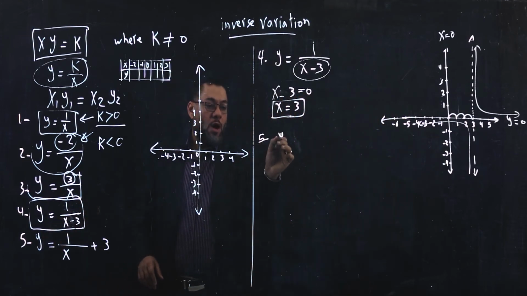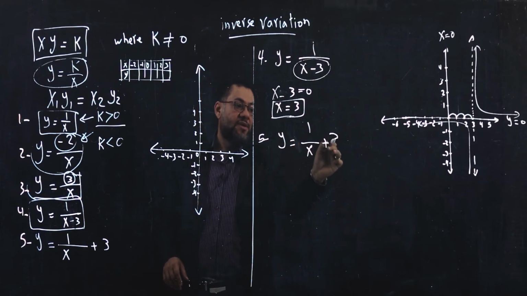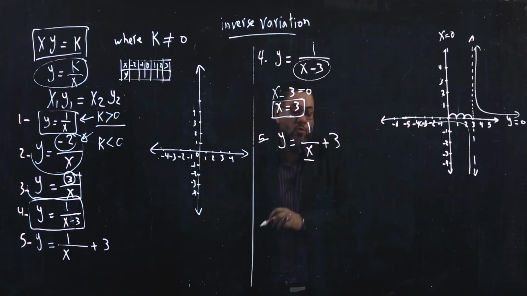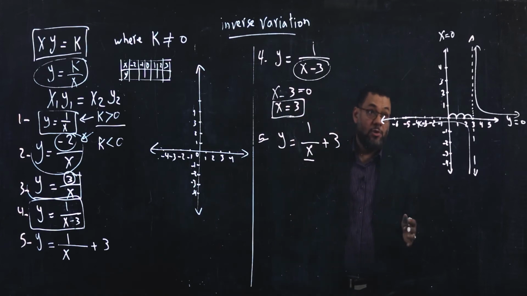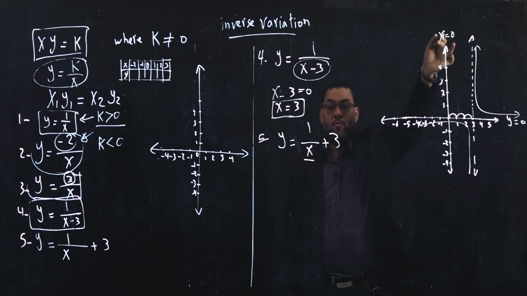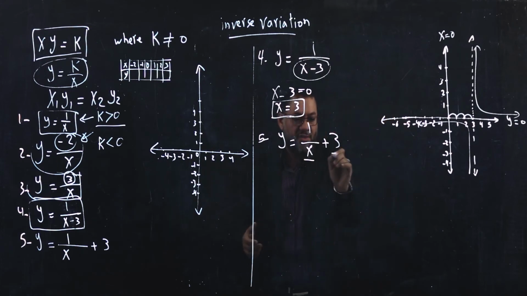Question 5 here we have y equals 1 over x plus 3. What about this? Of course, the excluded value here is x equals 0, which will be the vertical asymptote. What about this 3?